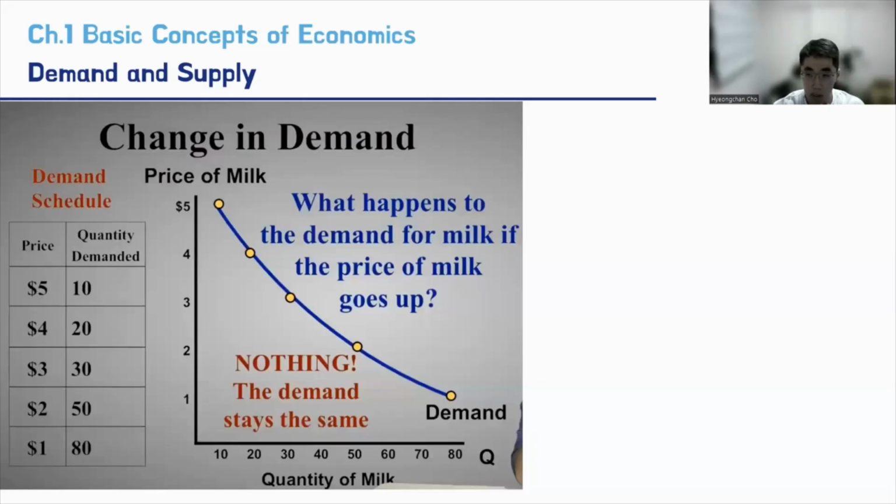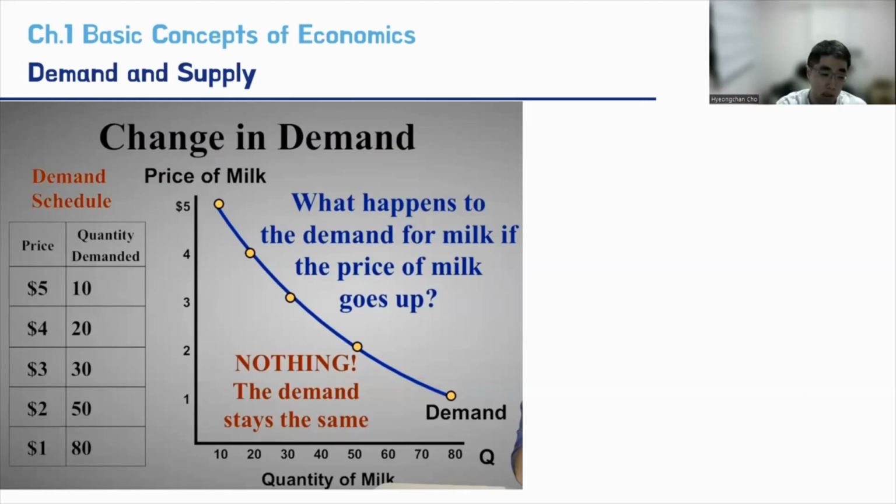Okay, so let's see the other situation, the changing of the price. What happens to the demand for milk if the price of milk goes up?